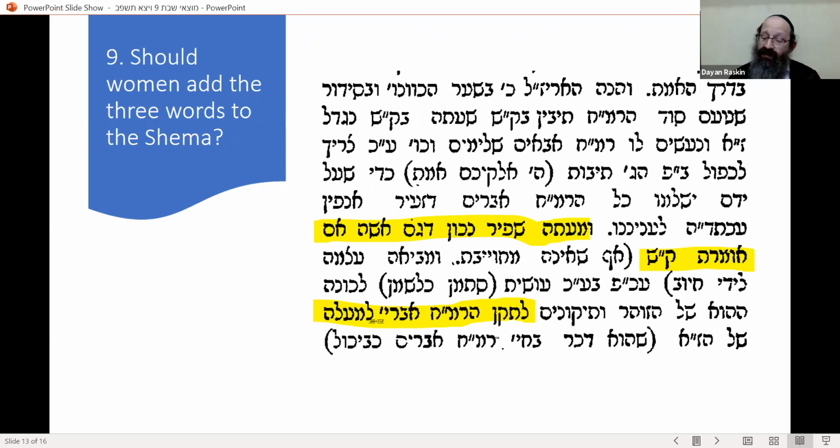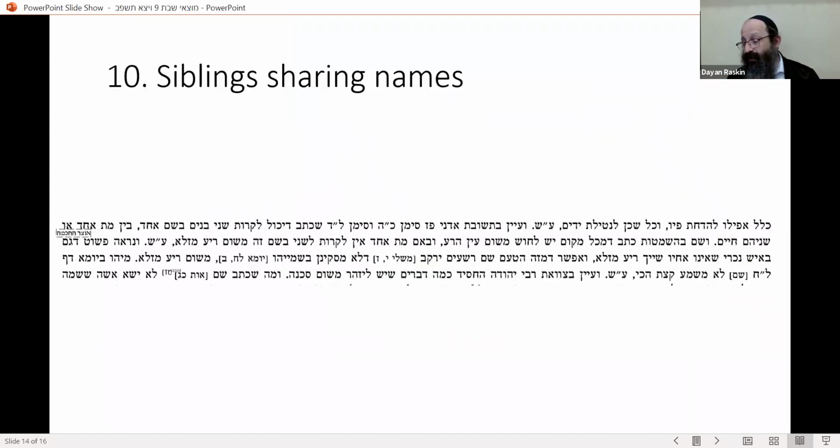And since we're talking about the tikkun of your own Ramach Evorim in spheres, etc., therefore he says a woman should also repeat those 3 words, Kishim Shalamito, when she's saying Shema.